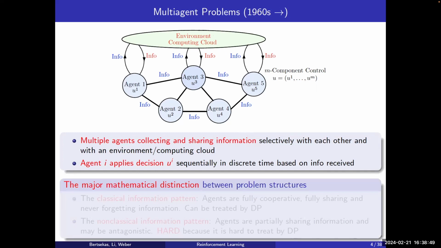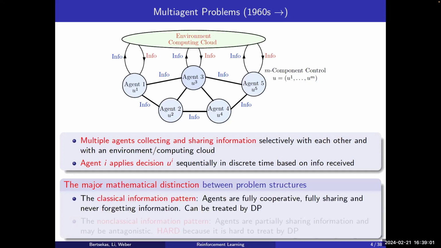There are major mathematical distinctions between problems that seem quite similar, which can be depicted by this figure. One type is known as the classical information pattern, whereby all agents are fully cooperative, fully sharing, and never forgetting information. This type of problem we view as the easy case because it can be treated by dynamic programming.